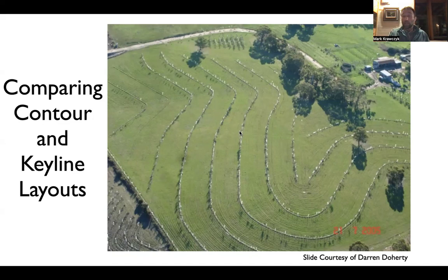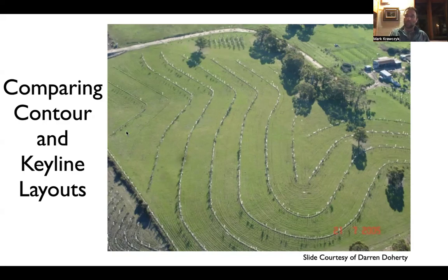What you also get, as we've talked about, is that reality that the keyline pattern should be gently falling from valley to ridge. So, whereas with contour, water is theoretically intercepted as it flows down the slope equally across the entire slope, with keyline, the idea is that we're gently redirecting water out towards the ridges to hold it in those drier parts of the landscape and to help facilitate a little bit of drainage in our wet spots.